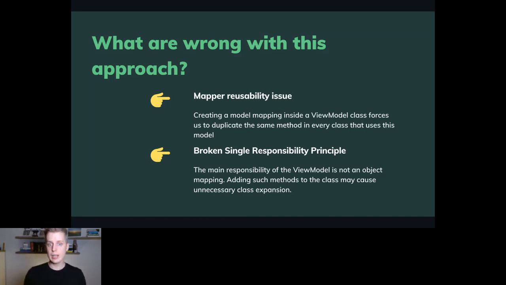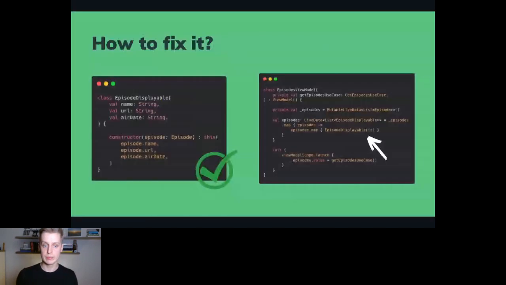And how can we fix that issue? So this is how I handle that. Here we simply move the mapping method from the body of the view model to the body of our data class.